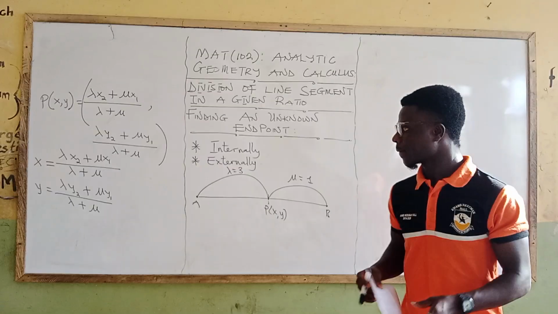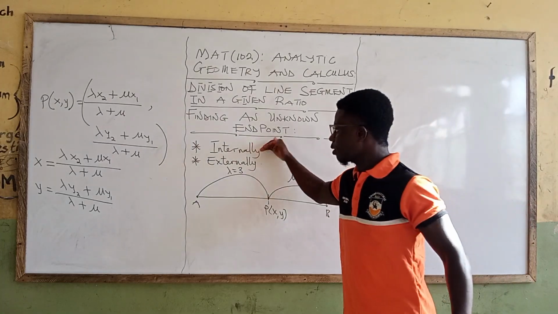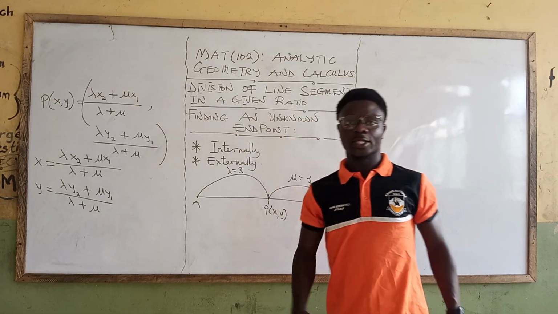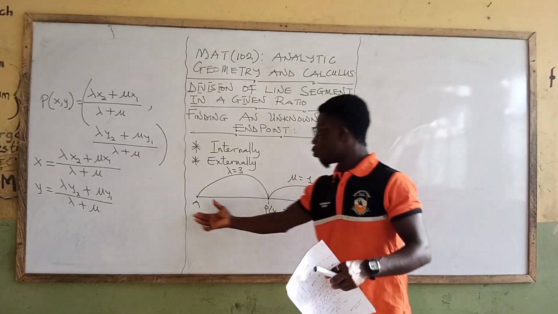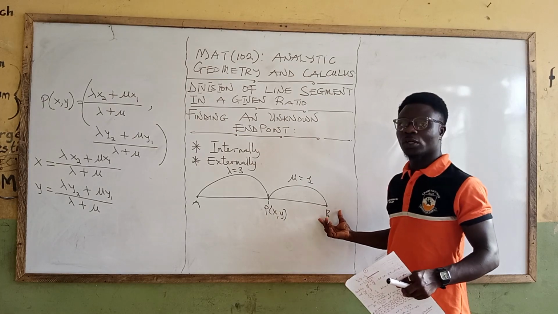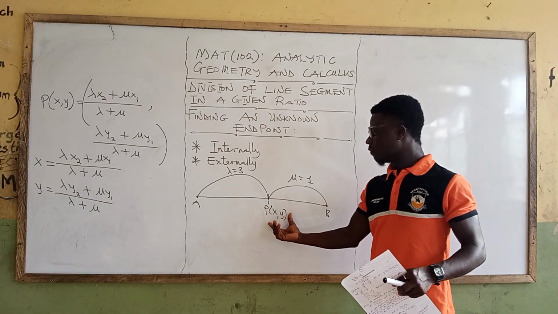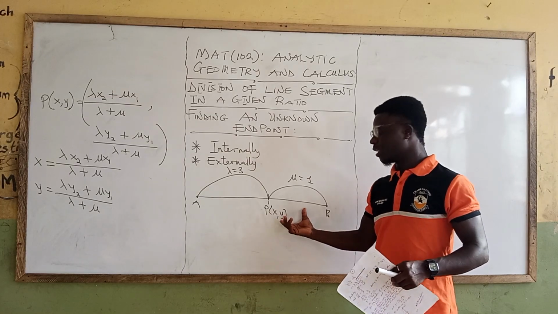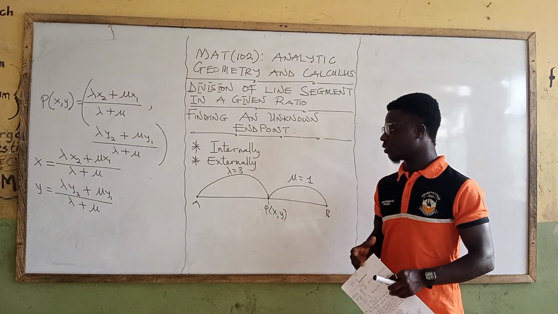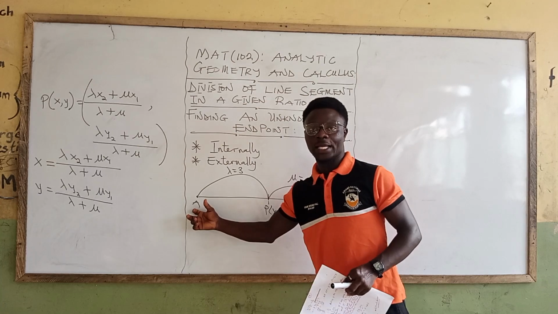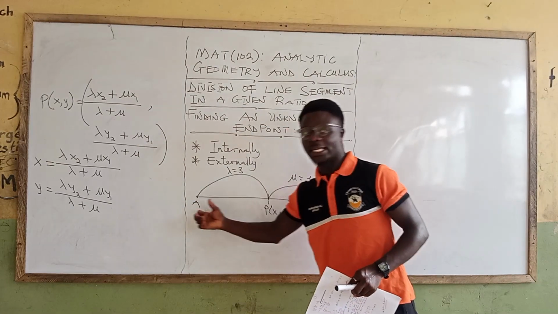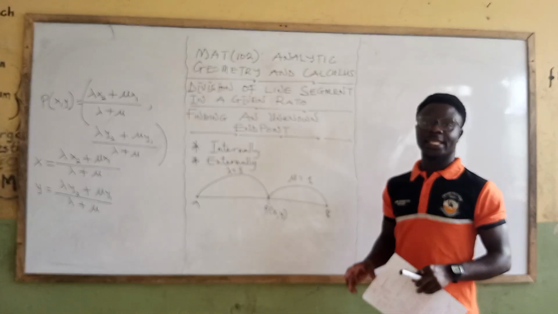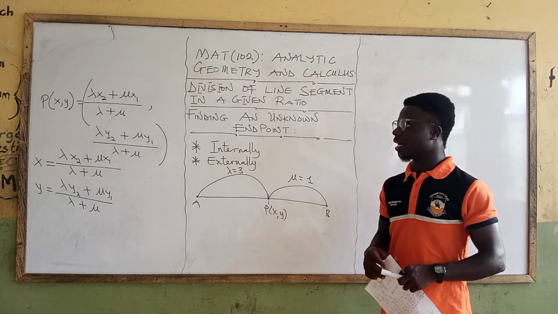Now, what we'll be doing is finding an unknown endpoint. They'll give you one point, but not the other, though they can give you the internal division or the external division.